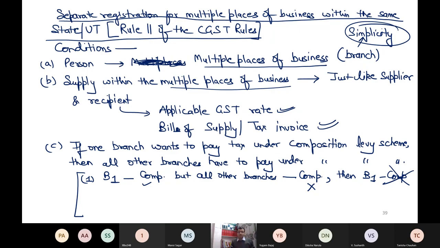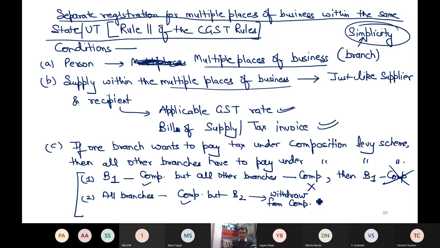This is the implication. Similarly, for example, all branches are paying under the composition levy, but one branch, for example B2, wants to withdraw from composition.